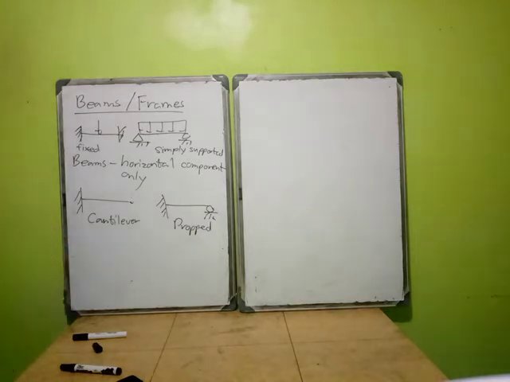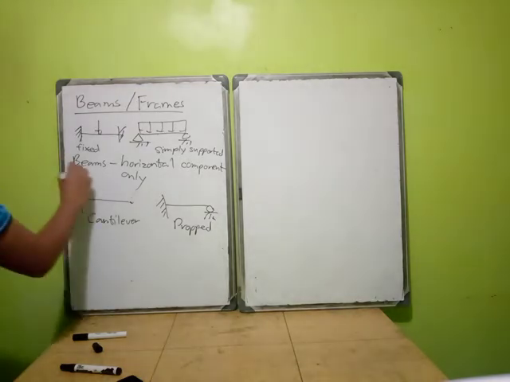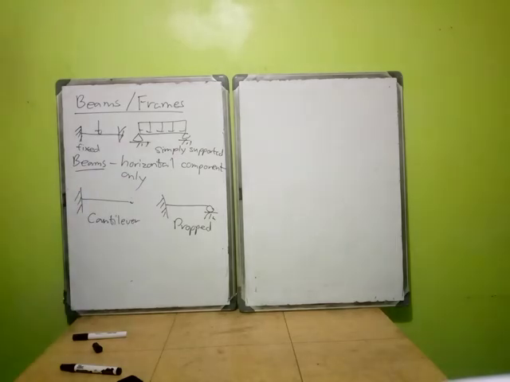And this is prop beam. So maraming iba't ibang uri ng beams and many others. So yan yung definition ng beams. Horizontal component only yung makikita mo kay beams. Okay?